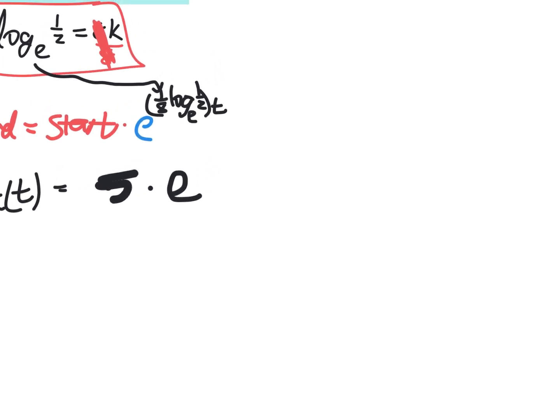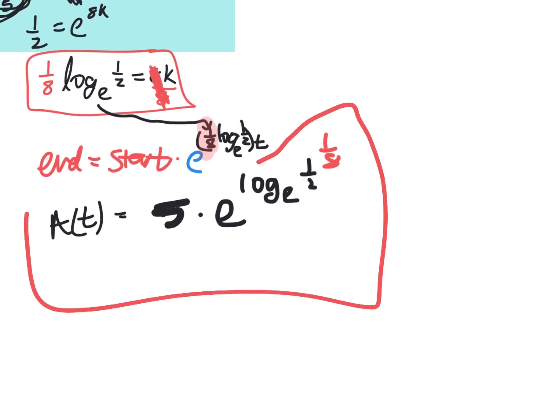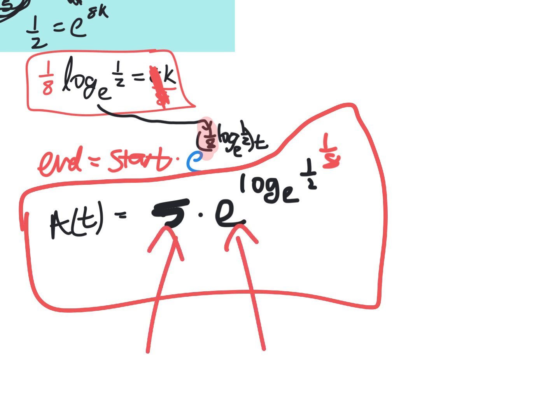I think it's not a bad idea to say it's log base e of 1/2, and then that 1/8 that was in the front goes up here. That's an equation that says I started with 5 grams, and now I have e to the, wait, where's your t?